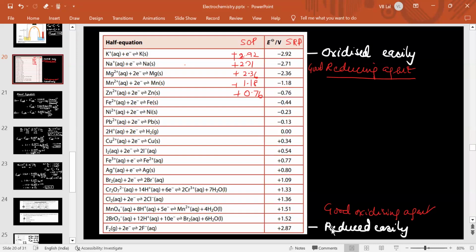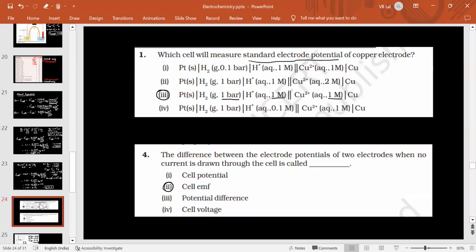And a good oxidizing agent is the one which can get reduced easily. All right. Now, did you understand this? So if I look at this, now I wonder why the answer is given wrong.